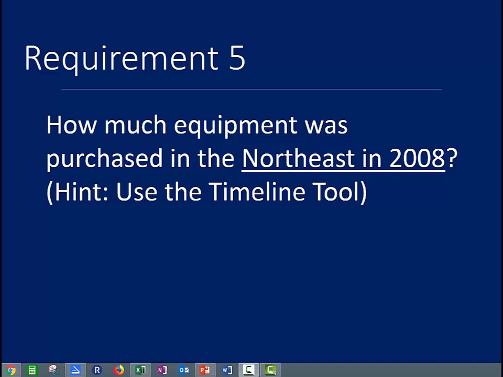Now again, I want to remind you that the data that your professor might be asking for is different than the data that you're going to use in this video. In this video, we're looking at Northeast in 2008. Your professor might ask you to answer a different type of question, but you'll be able to use the same steps to get to the answer.